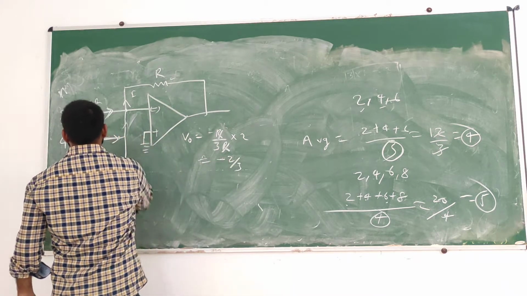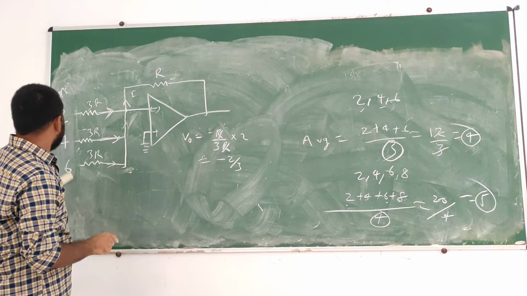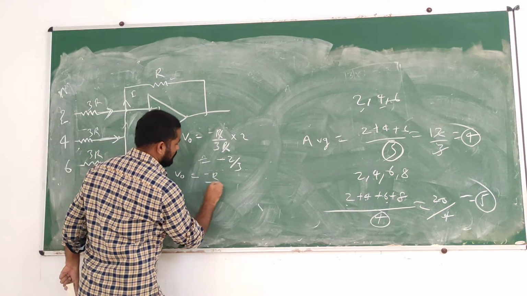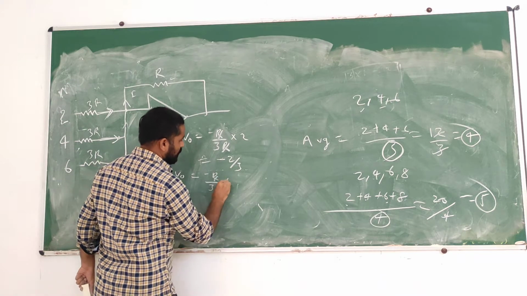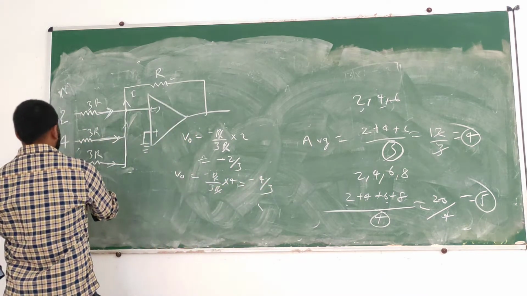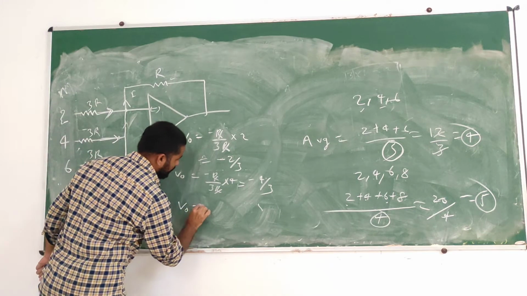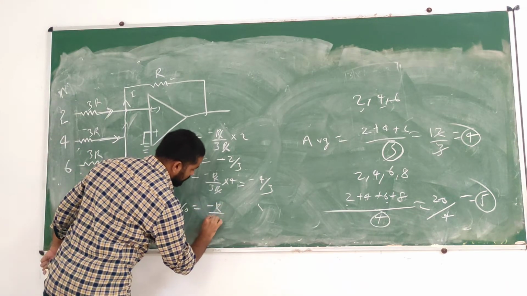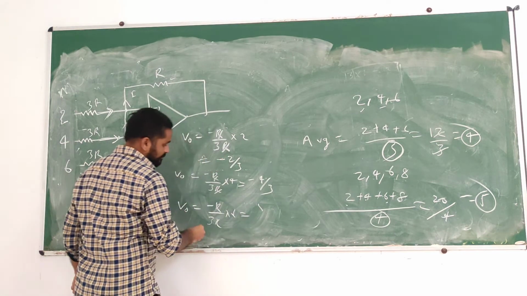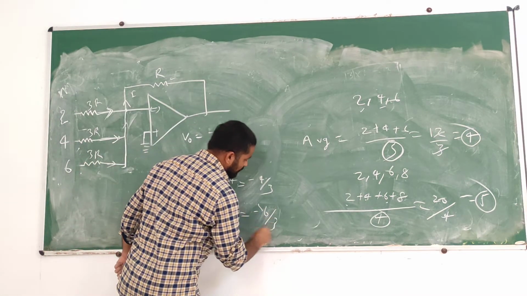And because of this, 2 will be grounded. Then the output will be again minus R by 3R into 4. This is nothing but minus 4 by 3. Because of this one, the output will be minus R by 3R into 6. It will be nothing but minus 6 by 3.